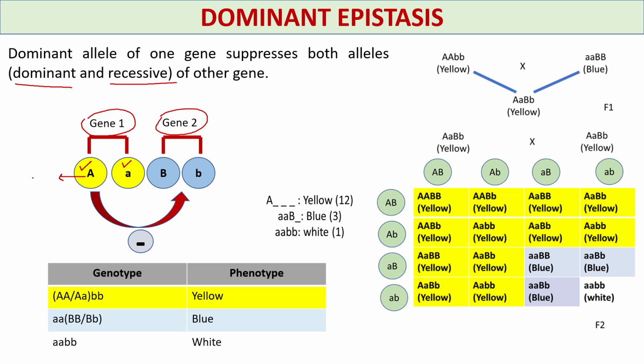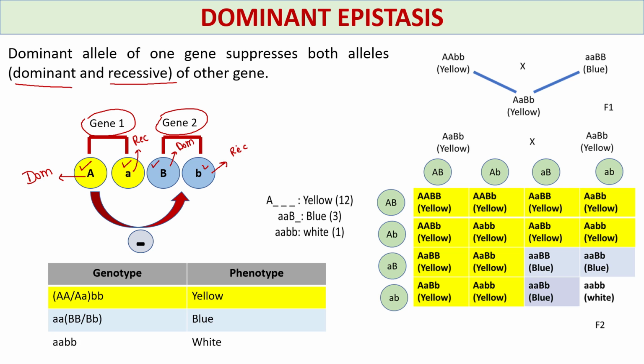Capital A is dominant, small a is recessive. Similarly, gene 2 has two alleles, capital B and small b. Capital B is dominant, small b is recessive.